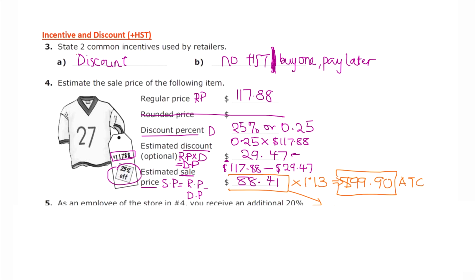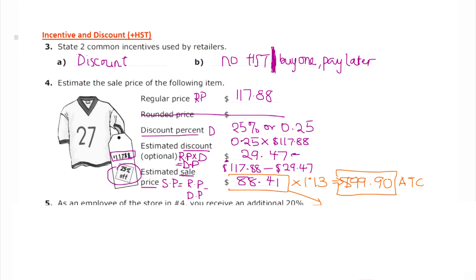This here is after tax cost, ATC. So this is what you pay once HST is added to that particular sale price.